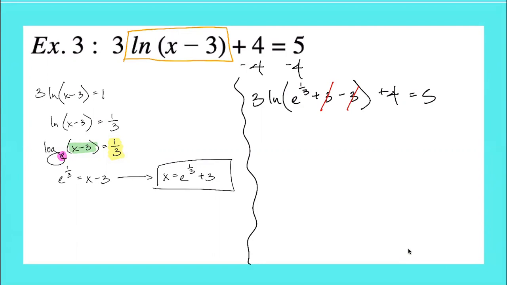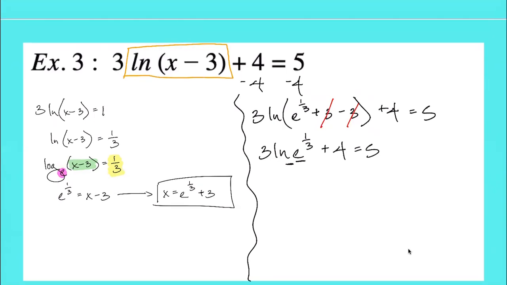So I really have 3 natural log of e to the 1/3 plus 4 equals 5. Now that property that we saw earlier says that if we have the base is the same as the base for the log, that it's going to equal whatever that power is.